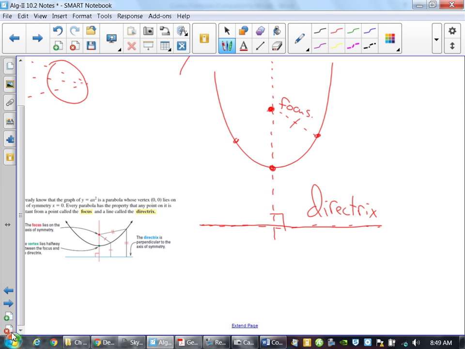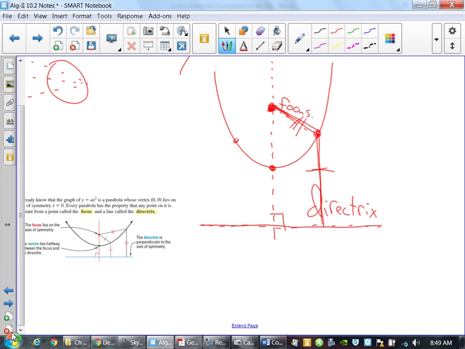This value here, when you go from the focus to the point and the point to the directrix, those are the distances that are the same. So this is a bad diagram. The distance from focus to parabola to directrix, those two distances are always the same. Not to the point. I was thinking of something else. From focus to parabola, those do not look equidistant at all.